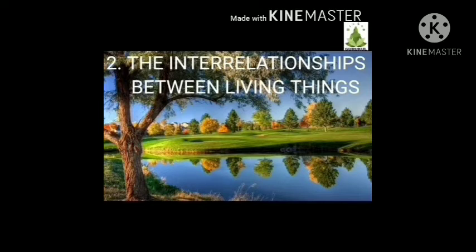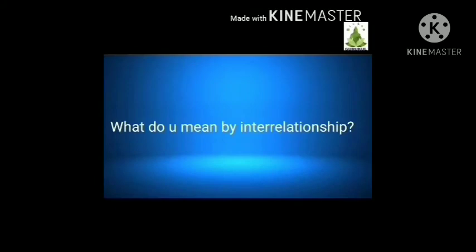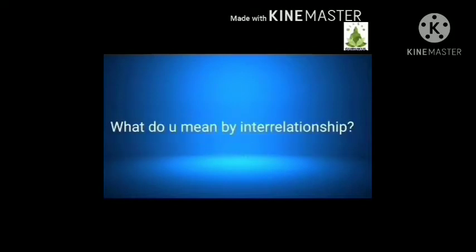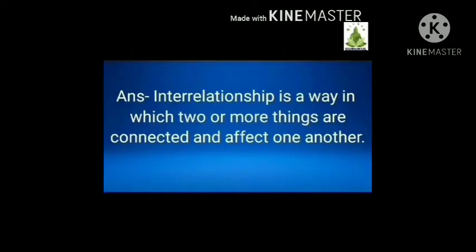Students, in this chapter, we are going to learn how the needs of all living things are met in the environment and how their needs are different from each other. Now, kids, do you know what interrelationship means? It's a way in which two or more things are connected and affect one another.